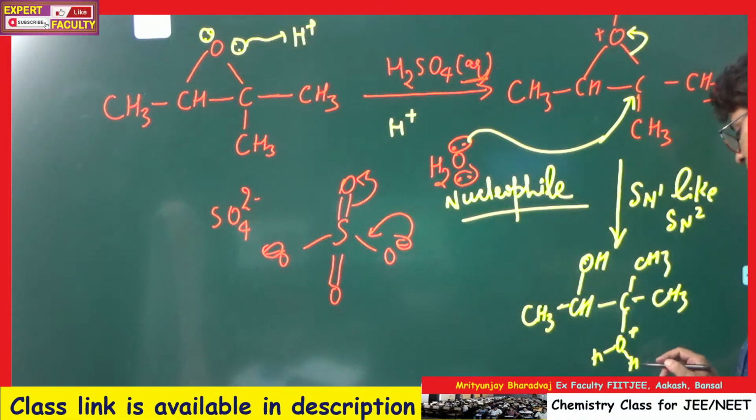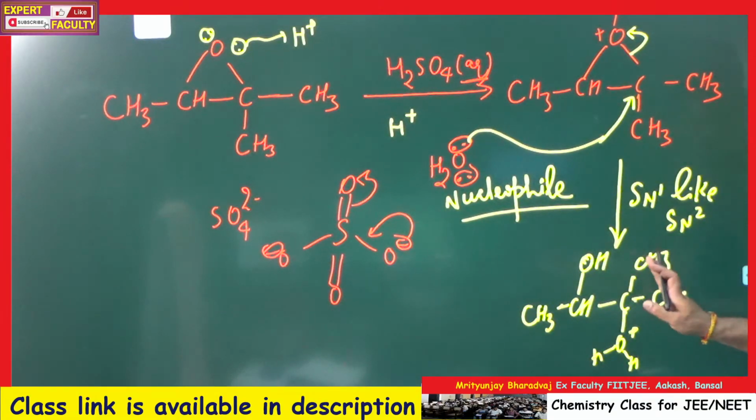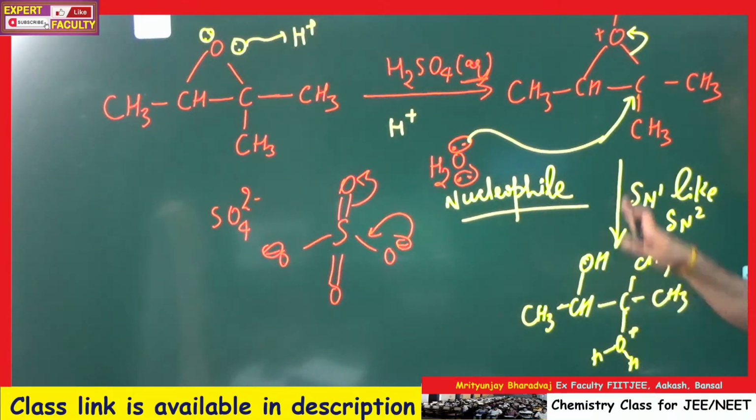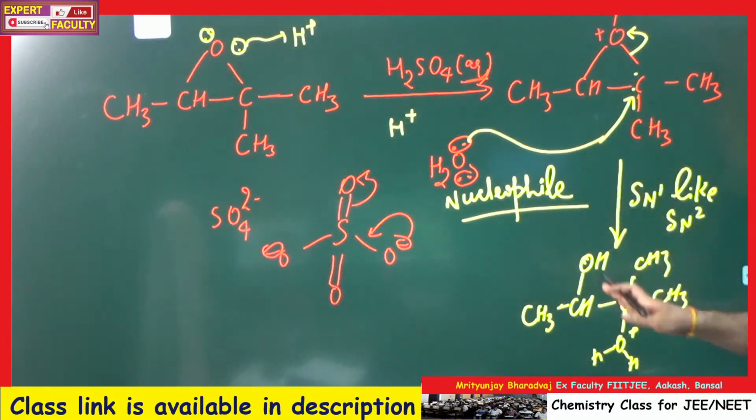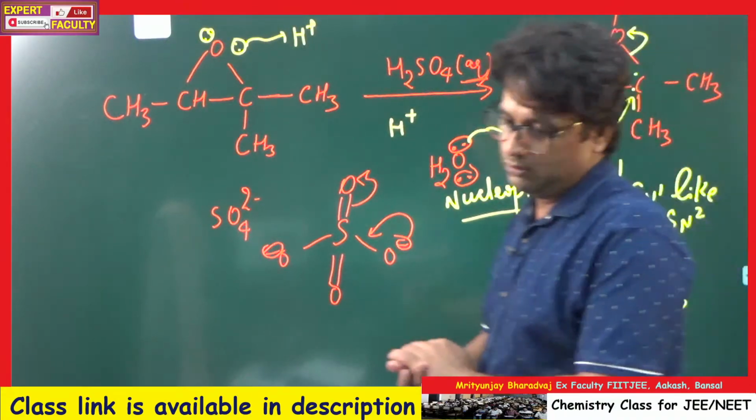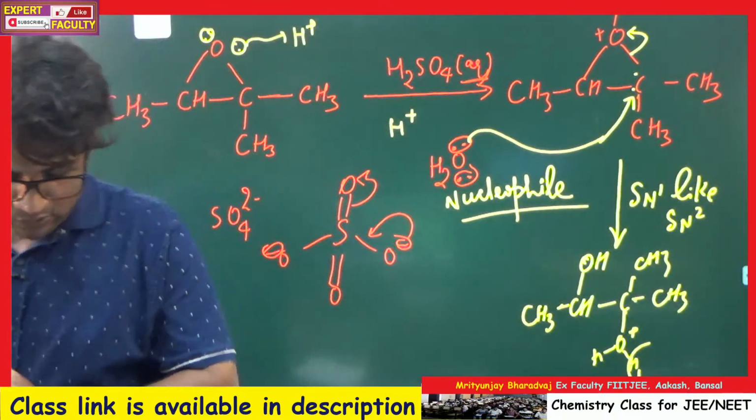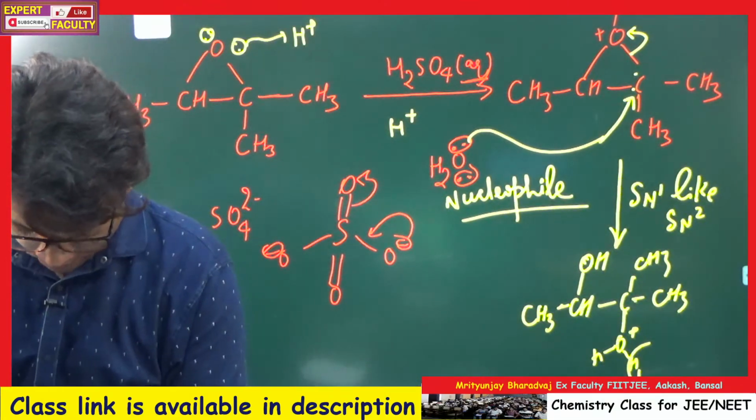Now oxygen is having a positive charge. Either it can leave this side and go to the previous step, or what can happen? It can leave a hydrogen in the form of H plus. Very good, very good.